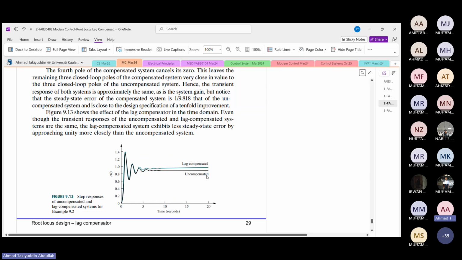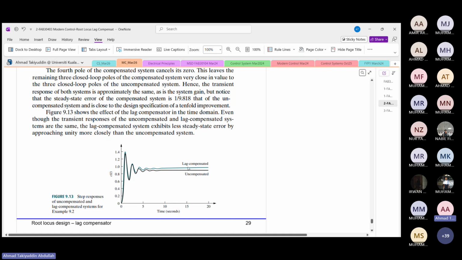The uncompensated response is in black, and once you add in the compensator, the lag compensated response is in blue.